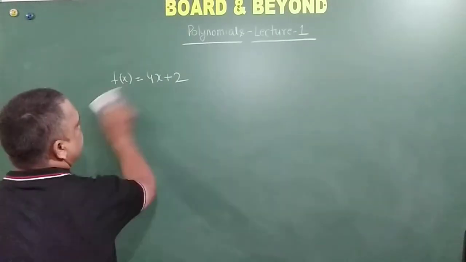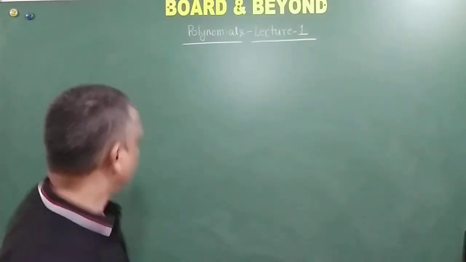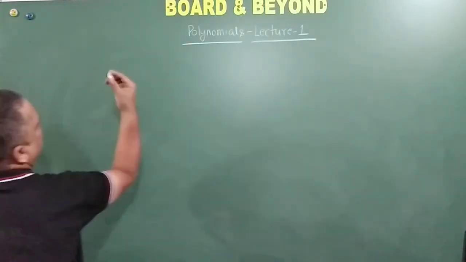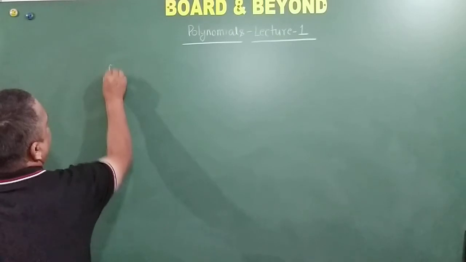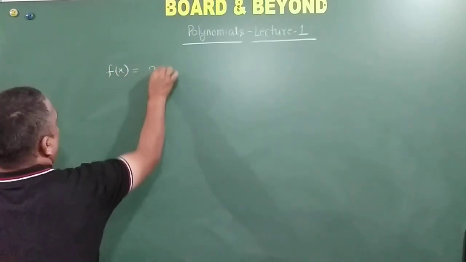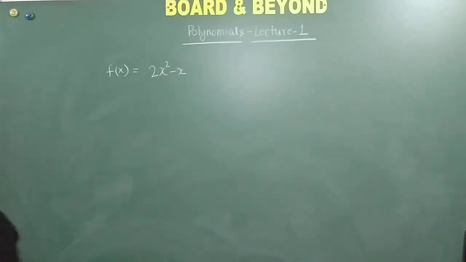Right, friends? So since we have understood the value of a polynomial, let us try and understand the zeros of a polynomial or the roots of a polynomial. Okay. Now, let's say a zero of a polynomial. We take f of x is equal to 2x square minus x minus 1.